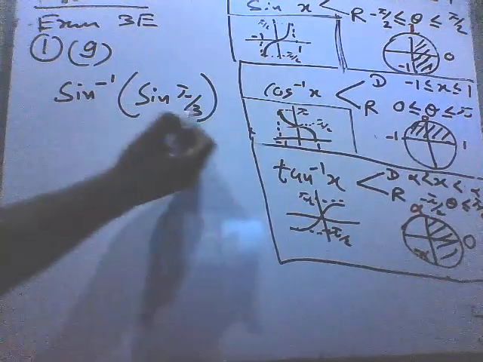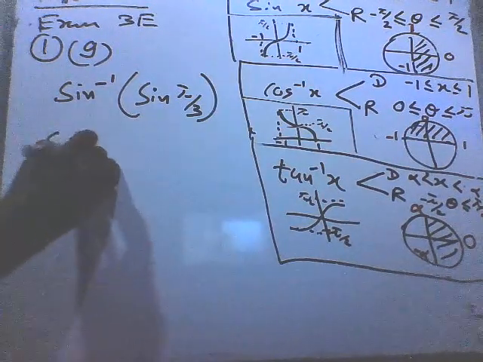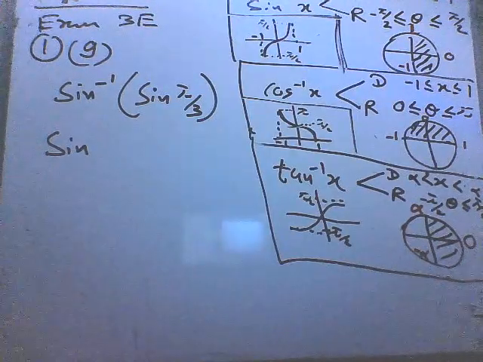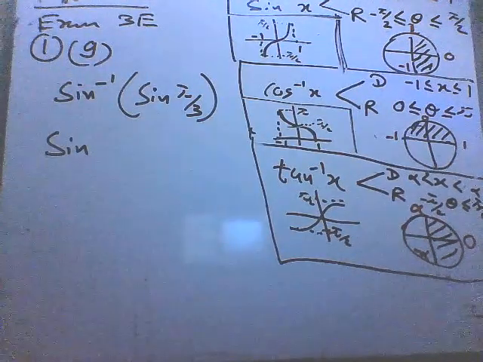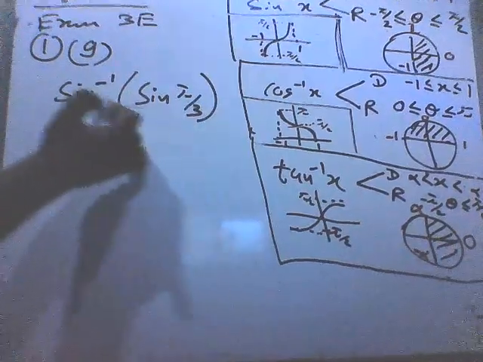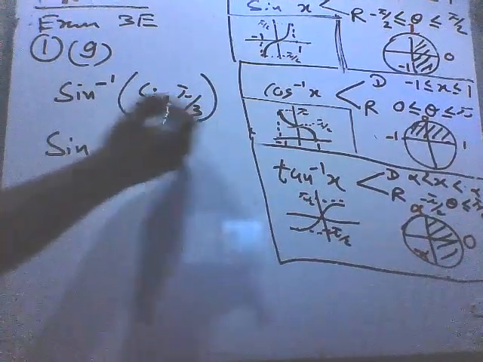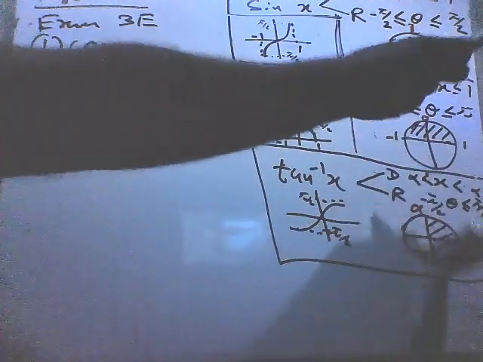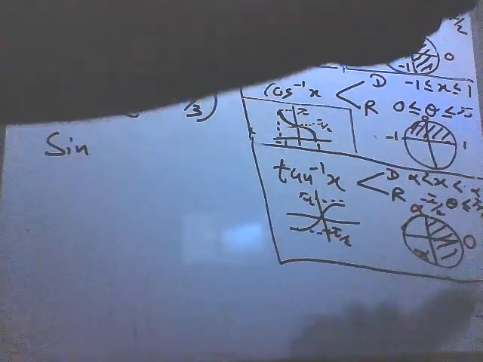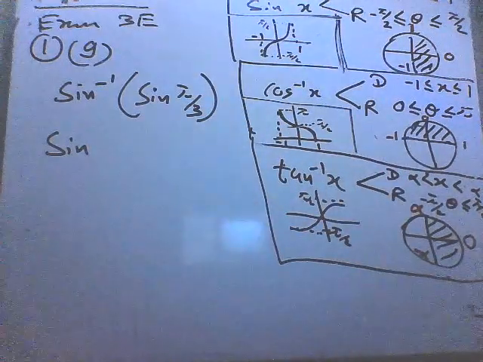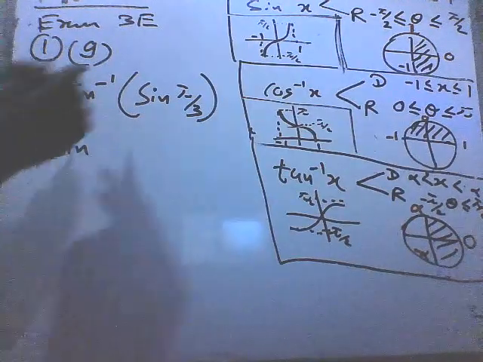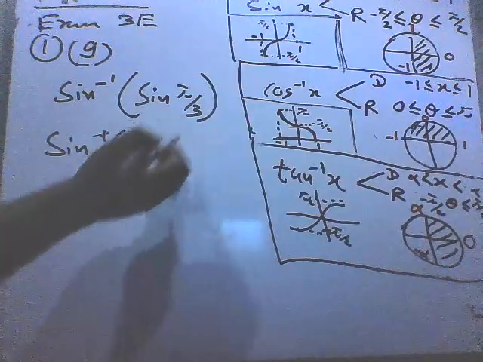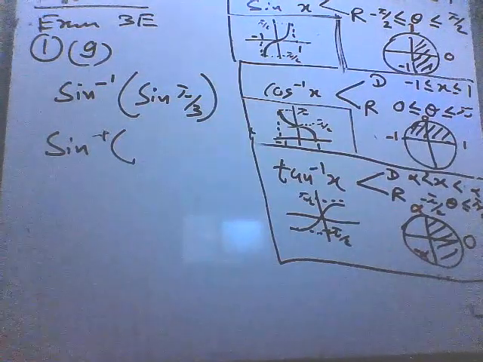Obviously we can think of cancelling these and putting pi over 3, but we have to be very careful. When you have this kind of cancellation situation, if pi over 3 is in the range, that's all right. First write sine pi over 3, which is root 3 over 2.